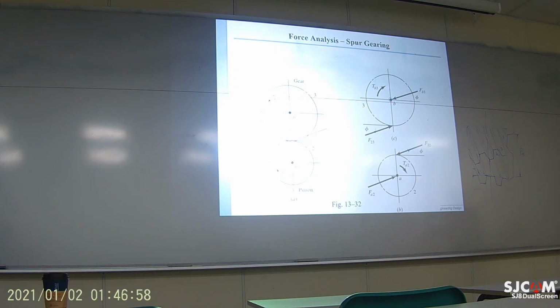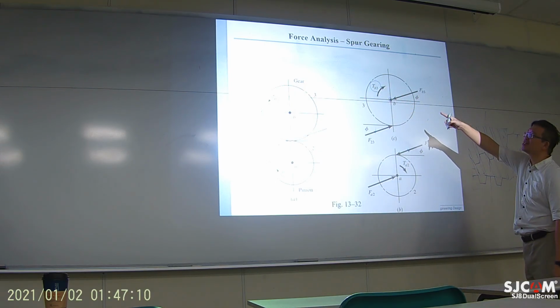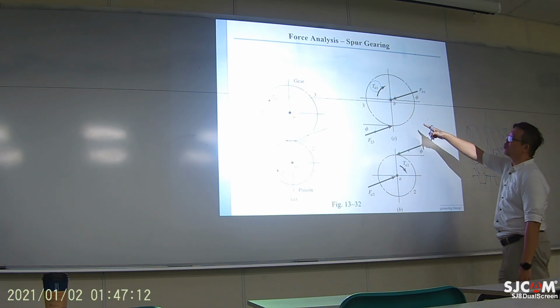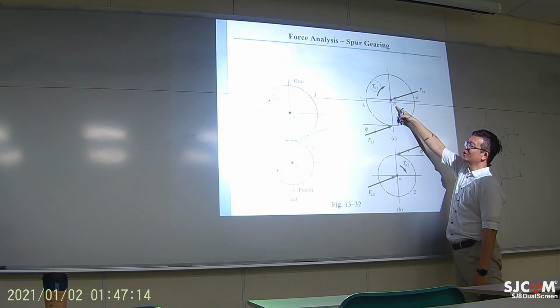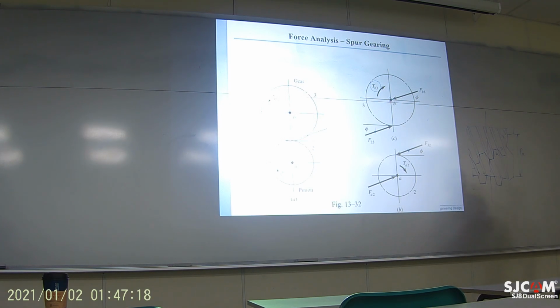So the torque generated by the force couple has to be balanced. So there will be a balancing torque. Okay, so this balancing torque will be balanced with the torque generated by the force couple.